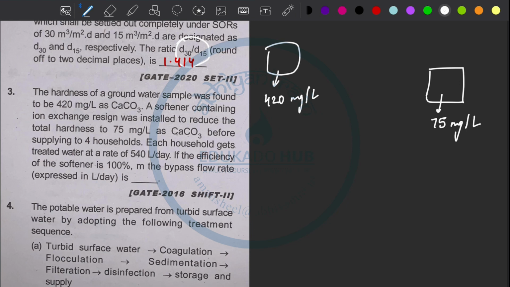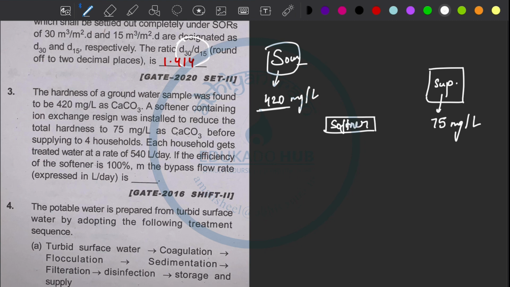From source to supply, in between, we need to reduce the hardness from 420 to 75 milligram per liter. For that, they are using a softener containing ion exchange resin. So let's suppose it is the softener.